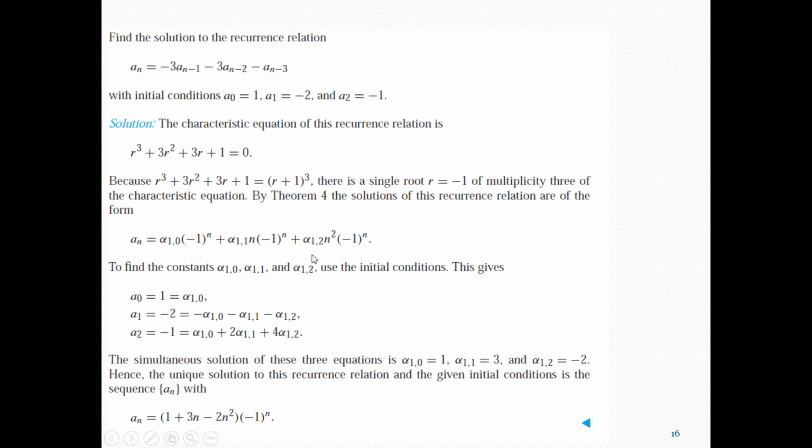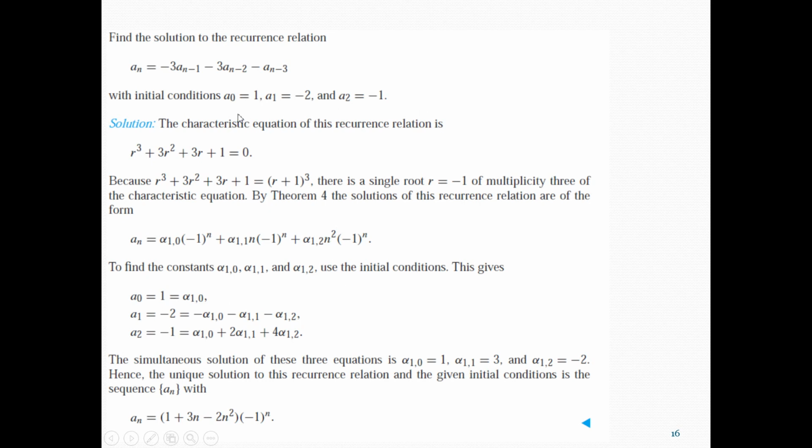Multiplicity 3, so we end up with n to the power 3 minus 1. That was m_1 minus 1, m_2 minus 1, and m_t minus 1. So this is how it works. We end up with 3 minus 1, that is n squared. Now to find the constants, the procedure is the same.